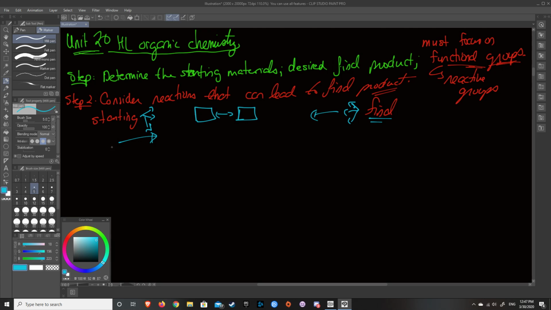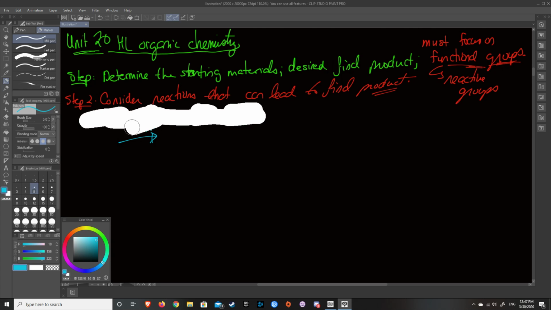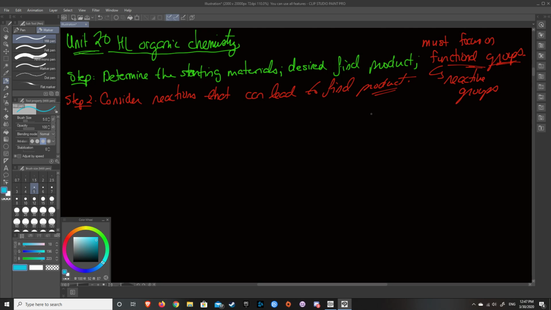So basically we can start to plot out what reactions your starting product can go through and what reactions your final product can go through. So you start to plan the path, and you need to look at it not only from one direction, but from both directions, kind of like a build-up direction and a breakdown direction.